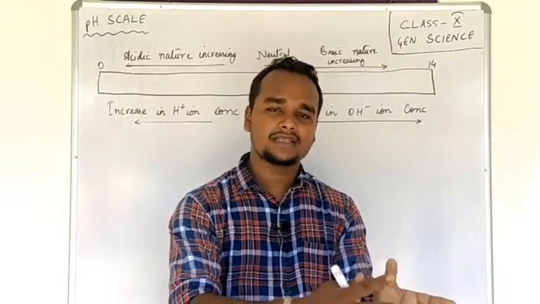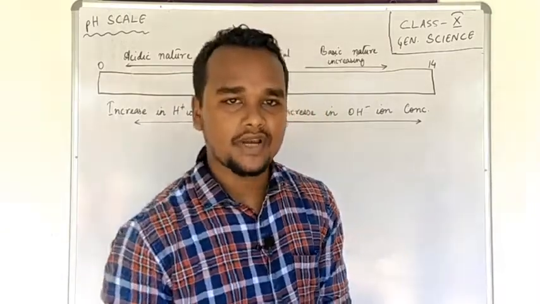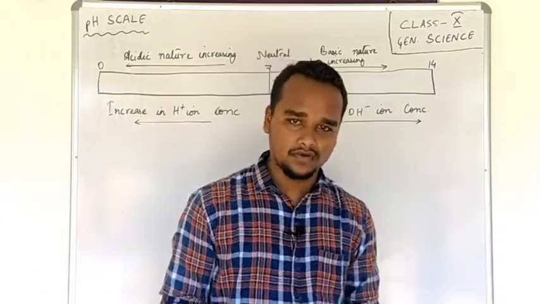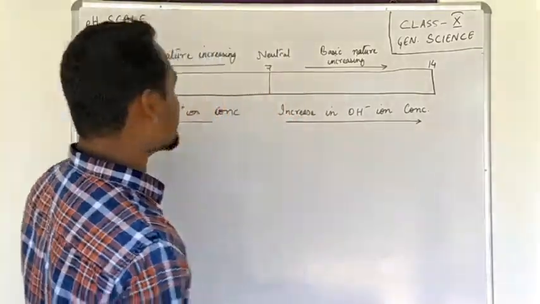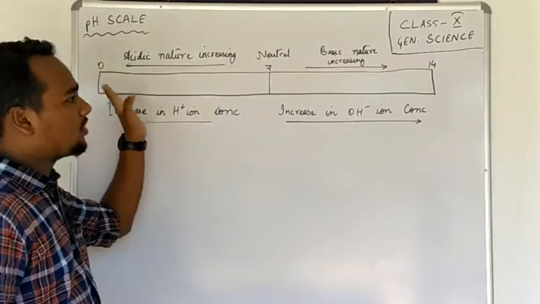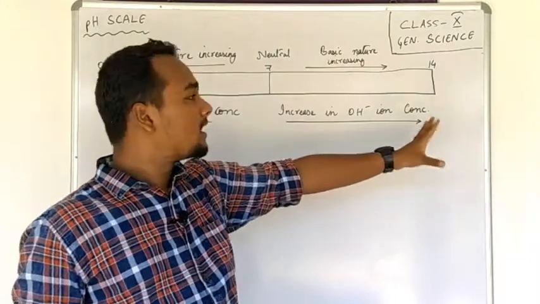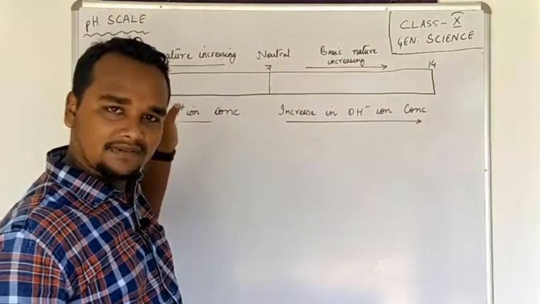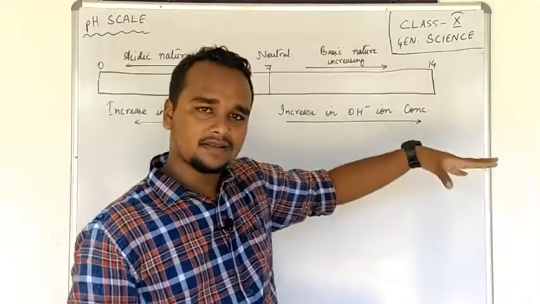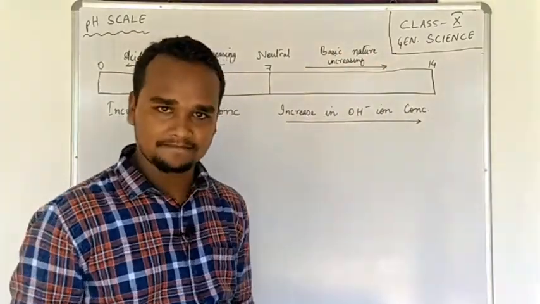P stands for potenz. Potenz means power and H stands for hydrogen, power of hydrogen. So in this pH scale you will get the numbering, as I have again said, right from 0 to 14. Numbers less than 7 indicate that the substance is acidic. More than 7 means the substance is basic.